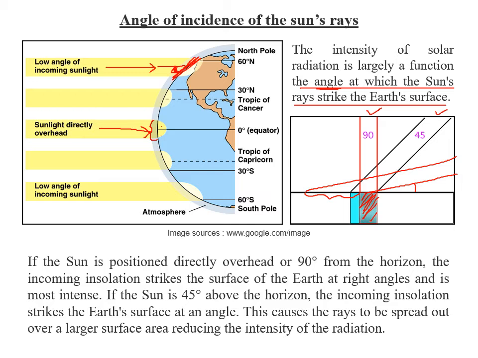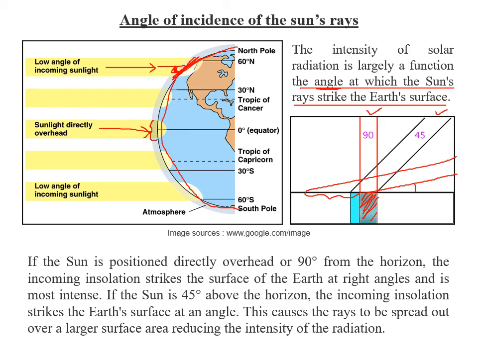Now this varies due to the curved nature of the earth surface. Because the earth is a spherical body, the sun ray coming in this way will fall at different angles in different latitudes of the earth.